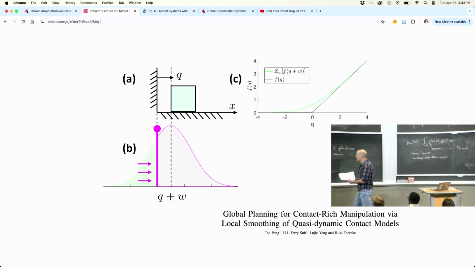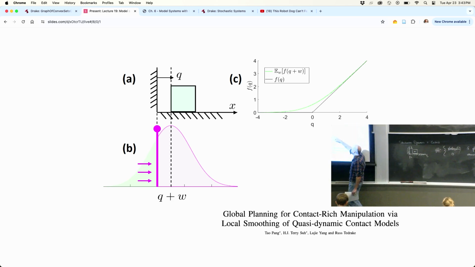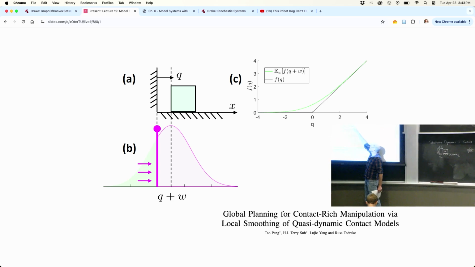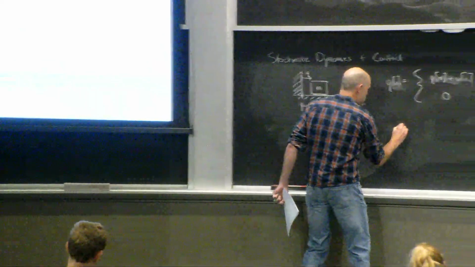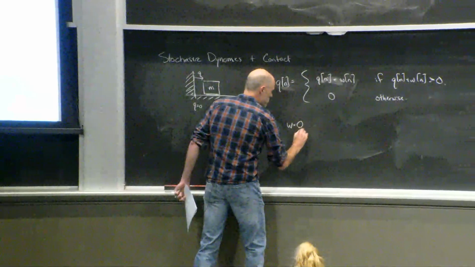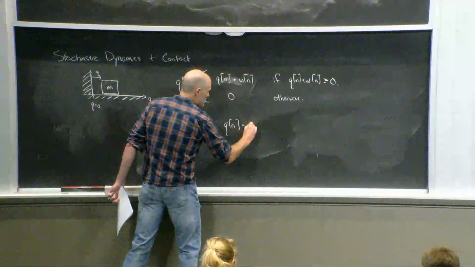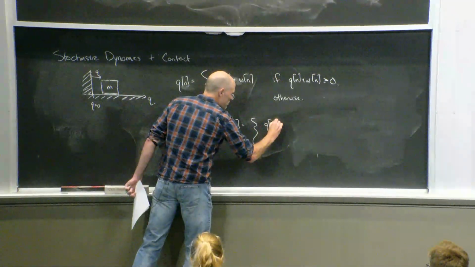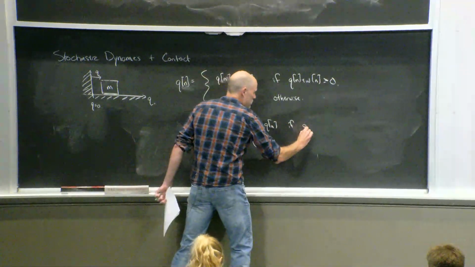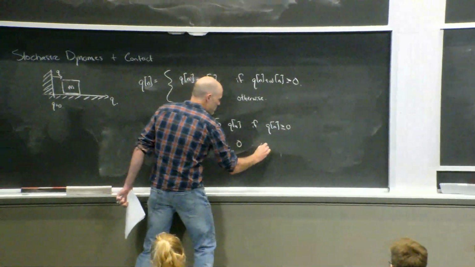So if I plot the nominal dynamics, the nominal dynamics here are just nothing. If W equals 0, then Q_{n+1} is just Q_n if Q_n is greater than or equal to 0, and 0 otherwise.